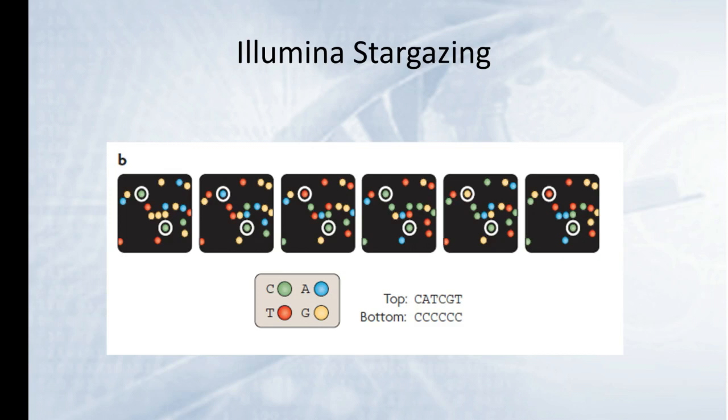And then we allow the instrument to sequence from the other end of each of those fragments. And we will sequence another 250 base pairs from the other end of the sequence for you. In this way, our sequences are what's called paired end, or PE sequences. And so your sequences, under most circumstances, every one of them, and there will be a lot of them, will be 250 base pair paired end sequences.